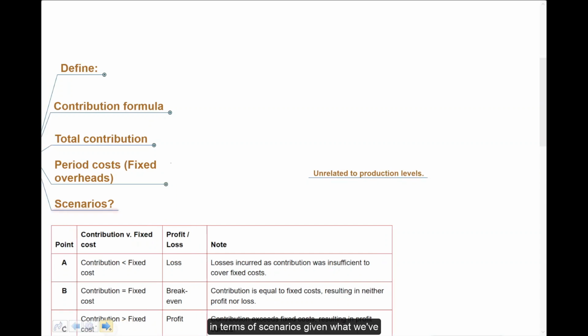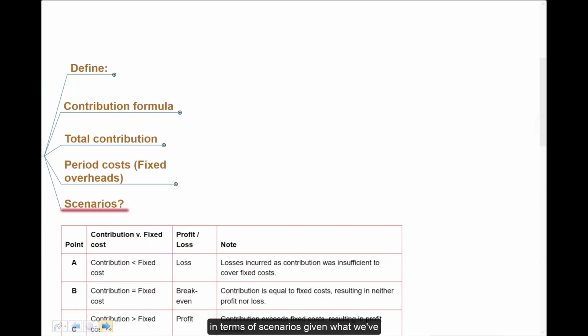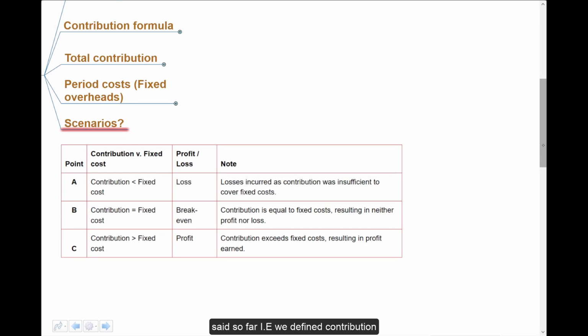Now, in terms of scenarios, given what we've said so far, i.e. we defined contribution, we said selling price less marginal cost, we looked at period or fixed costs. What are the possible scenarios that we might be faced with in the exam? You'll see I've just cut and pasted from the study text. So let's look at point A. We've got a scenario where contribution is less than fixed cost.